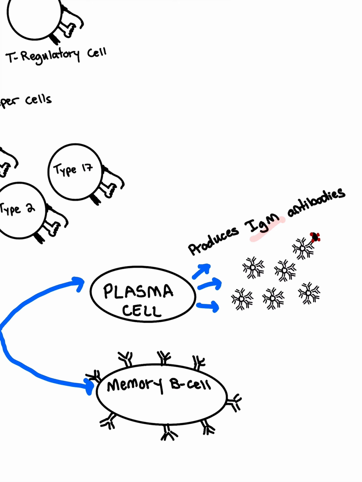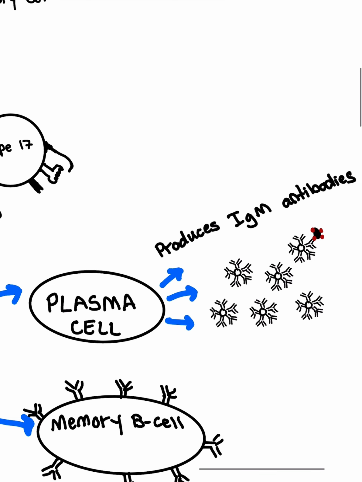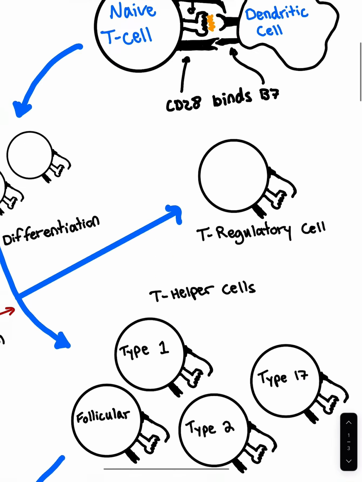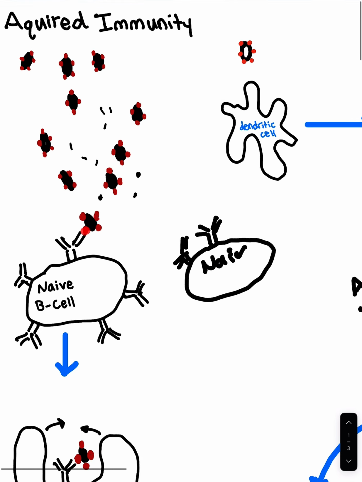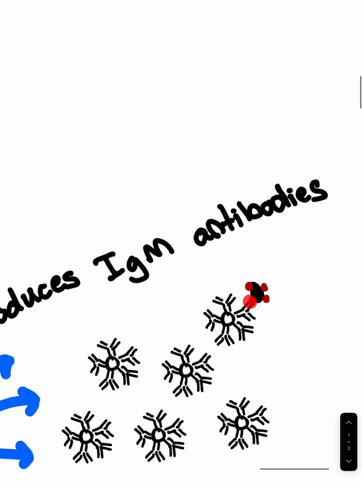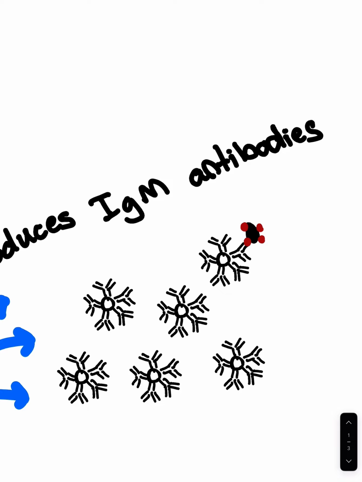Here depicted is the IgM antibody, or the immunoglobulin M antibody, which is a pentamer where you have 5 different antibodies all bound together. And these are typically released into circulation, and they can go and bind with bacteria or fungi or viruses or whatever surface component I originally recognized up here. And they can bind with that bacteria and help my innate immune system recognize something that I couldn't recognize before.